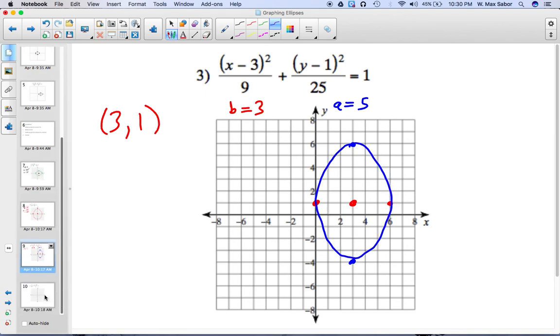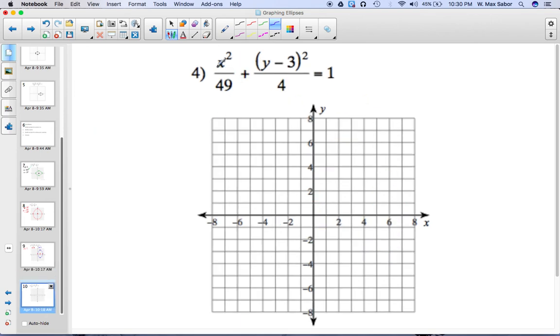No, it was not. Here we have 0, 3. a is 7 here. b is 2. So a being 7 means I go right 7 and left 7. b being 2, I go up 2 and down 2. Gives me a wide eccentric ellipse. There we go.